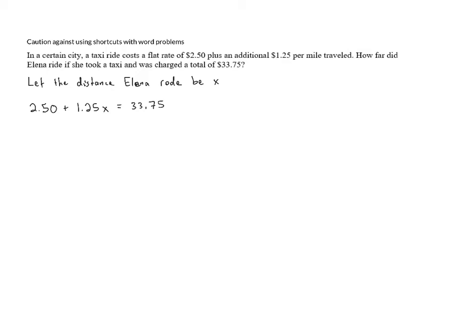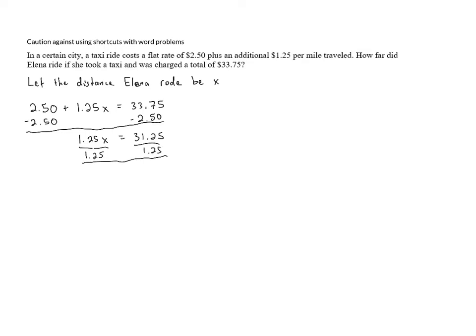Now we have an equation that we can solve to figure out what x is and get the conclusion to this word problem. So to solve this, we need to subtract 2.50 from both sides of the equation. This gives us 1.25x equals 31.25. And then to get x alone on both sides, we need to divide by 1.25.